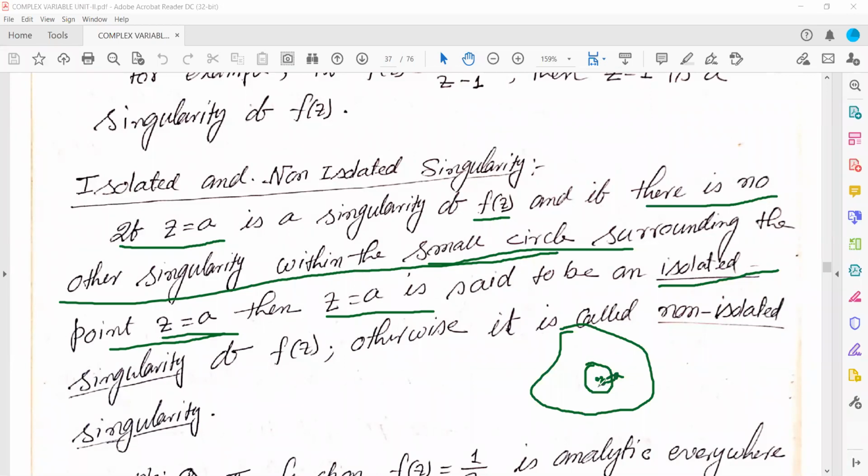Otherwise it is called non-isolated. Is that clear? If no other singularity of the function f(z) lies within this small circle, then this singularity is called isolated, or otherwise the singularities are called non-isolated singularity.